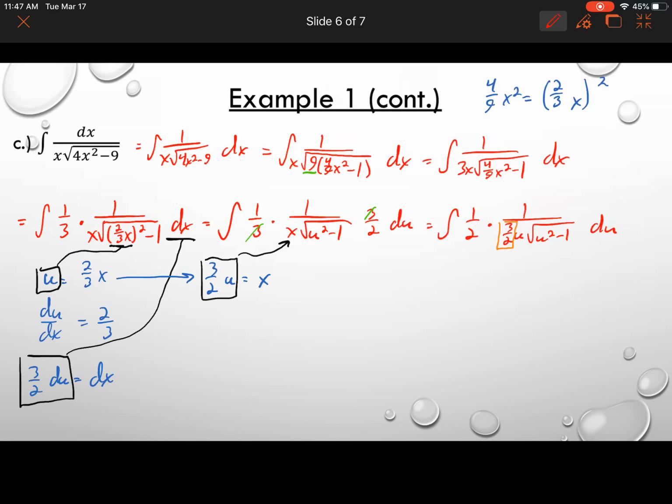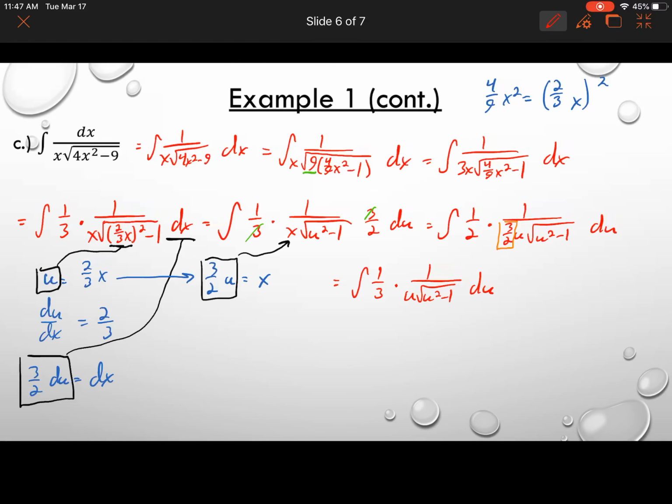So let's multiply this expression by 2/3. So we have the integral of 2/3 times 1/2 is 2/6, which is the same thing as 1/3, times 1 over u radical u squared minus 1 du.